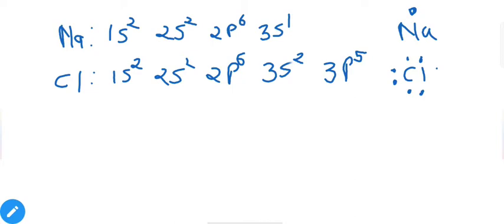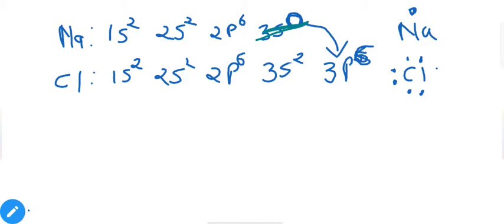So sodium loses an electron and gives its electron to the chlorine. So the number of electrons in the 3s orbital of sodium will be 0, and the number of electrons in the 3p orbital of chlorine will now be 6. So now we have to change the Lewis symbols for both of them as well. Now the 3s orbital contains 0 electrons in sodium, so we have to cancel it out.